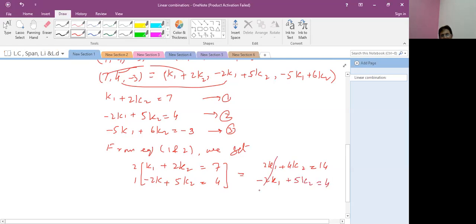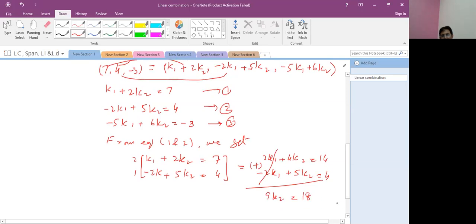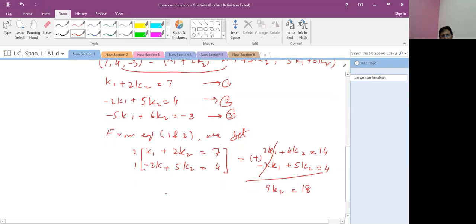Student, they are opposite, so when we add them together, 9 times K2 equals 18. So the value of K2 is 18 over 9, which is 2.